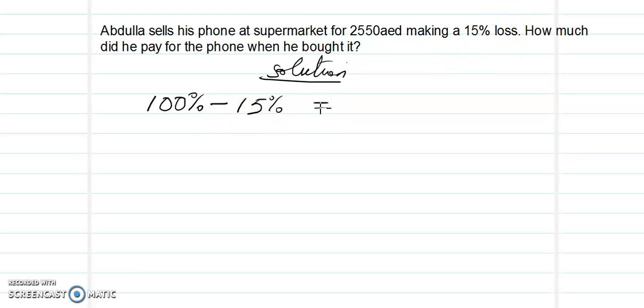So 100 minus 15, check, what did you have? Okay, that's fine. We have 85%. So the multiplier of 85% is 85 divided by 100, which is 0.85.